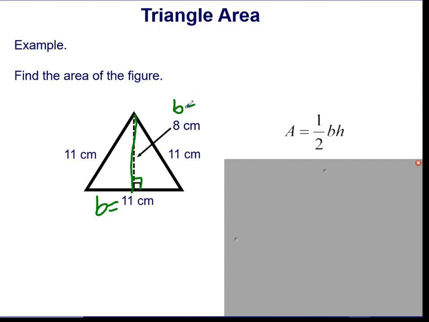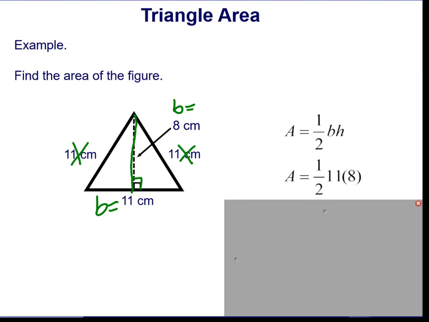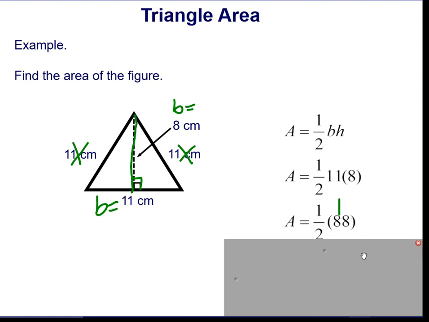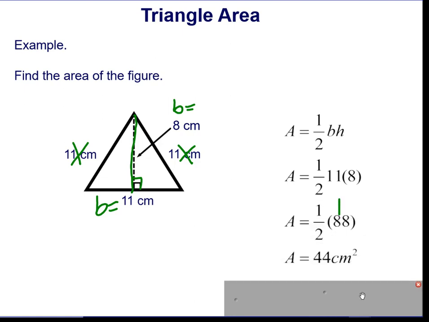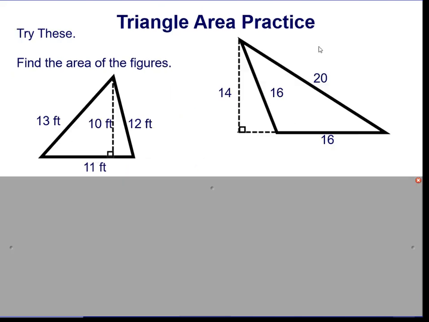So the 8 centimeters is the height. The measurements of these two sides are not needed for this calculation. I substitute in my values. So I get area equals 1/2 times 11 times 8. And then I see that I have 1/2 times 88, and my answer is 44 centimeters squared.